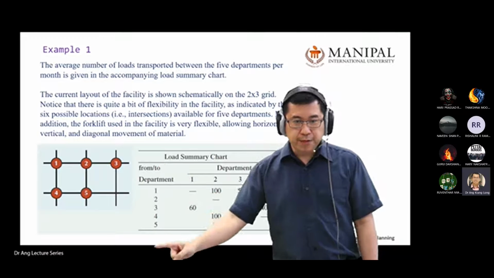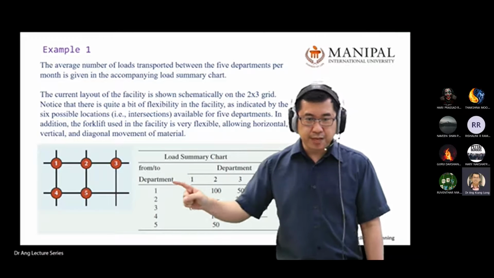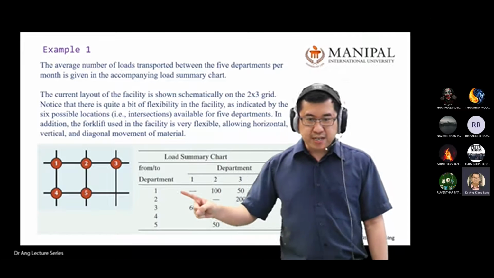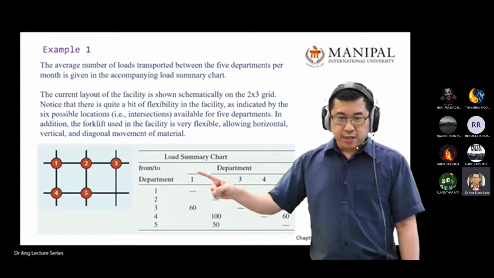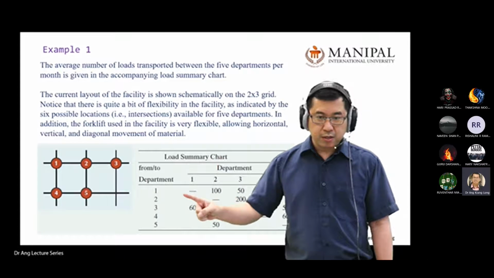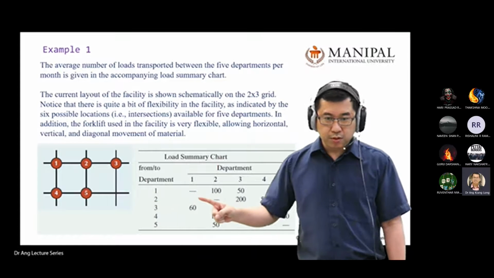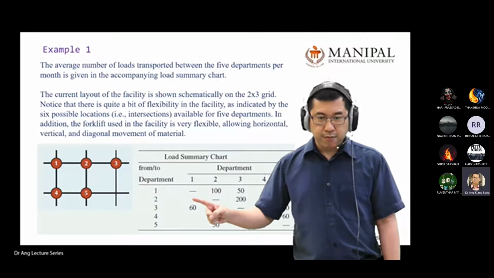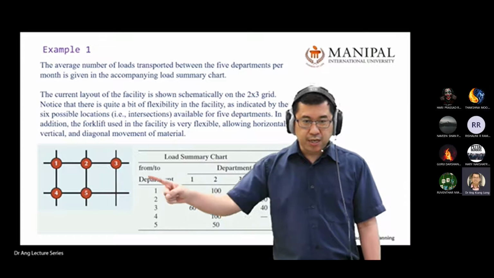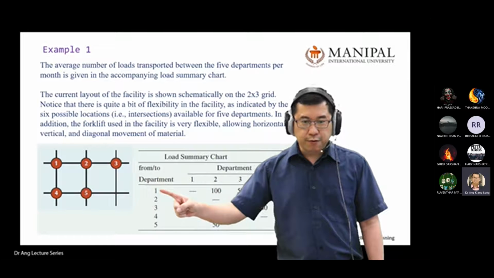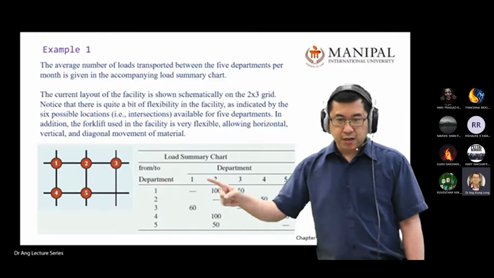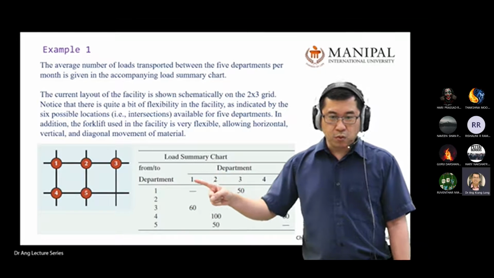So you can read from here or you can read from here. For example, if I refer to department 1 to department 2, you can read from this column also. There's no movement back to department 2. So it can be one direction from 1 to 2 from this side, or you can read from the top, 1 to 2.